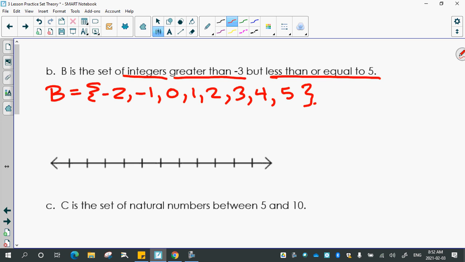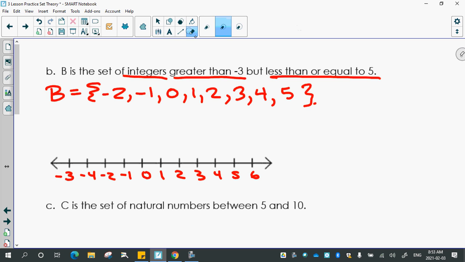Okay, so let's start before -2, so -3. And then we're going to color in just the dot above -2. Oh wait, -3, -4. This is not what's going on.